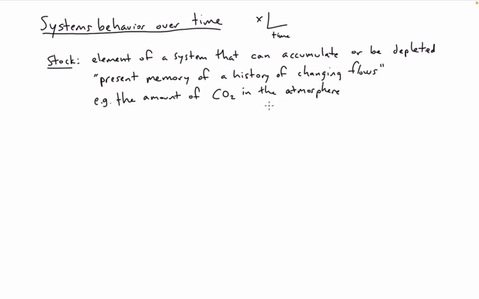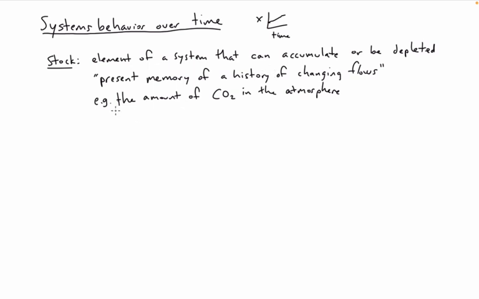Some of it's been there a long time, some of it's been accumulating over time. And so what we have today, we could say the present memory, involves the history of what's happened over time to get to where we are. So on this graph, X might be CO2, and we could see the level of CO2 increasing over time.